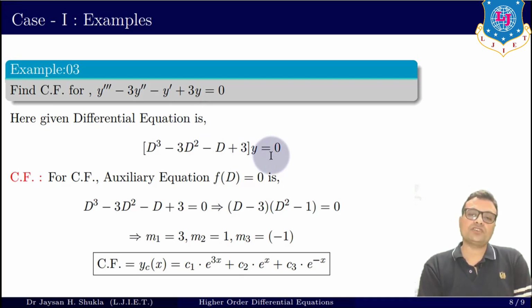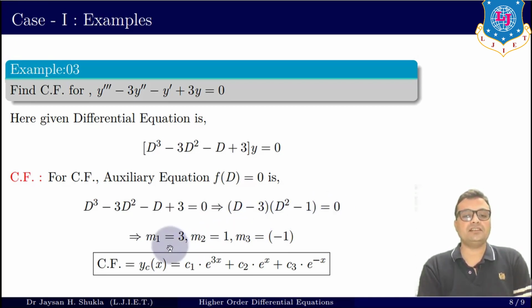For complementary function, let us consider the auxiliary equation by taking f of D equals to 0. Once we consider this D cube minus 3D square minus D plus 3 equals to 0, by factorization, you can convert this into D minus 3 times D square minus 1 equals to 0.